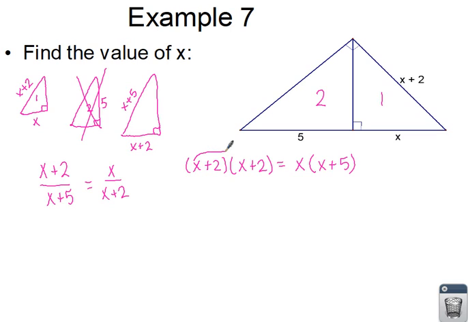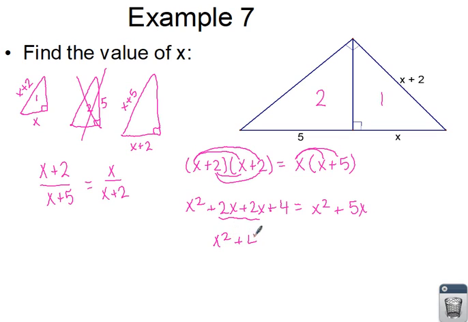So FOIL, you do first times first, and then first times last, and then last times first, and then last times last. Okay, over here, you distribute first times first, first times last. Okay, we've got some combined like terms that we could do. So we do x squared plus 4x plus 4.